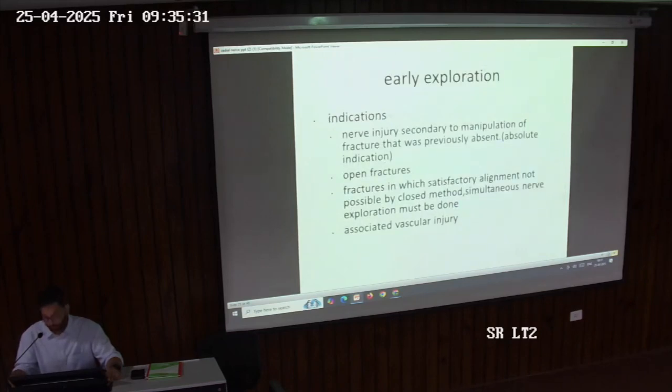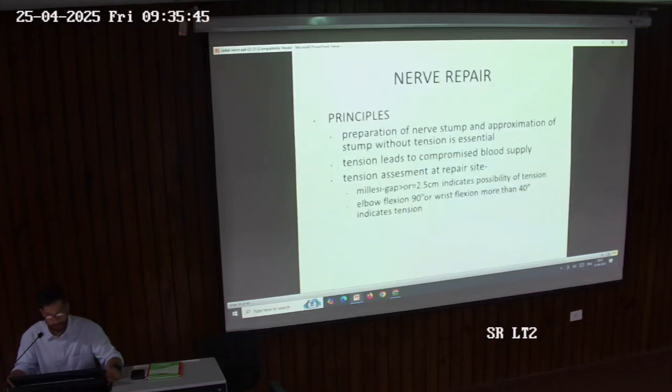In cases of nerve injury that cannot be repaired, early exploration is needed, especially in open fractures and when it is associated with vascular injury. The principle here is to prepare a nerve stump or a graft.